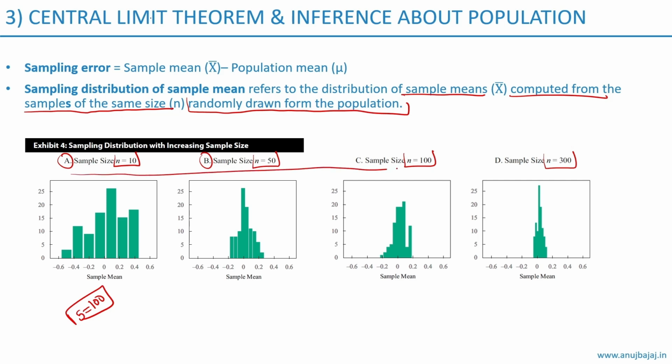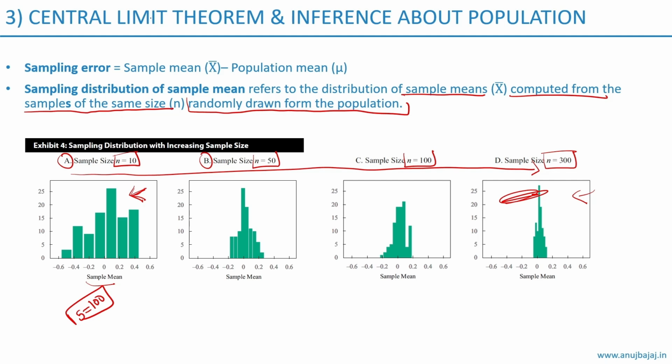So as the size of the sample increases, the sampling distribution of the sample mean more closely represents the normal distribution. So comparing the graph which has a sample size of 10 with the last graph which has a sample size of 300, we will find that this graph over here is more closely representing a normal distribution compared to this graph which has a smaller sample size of 10.